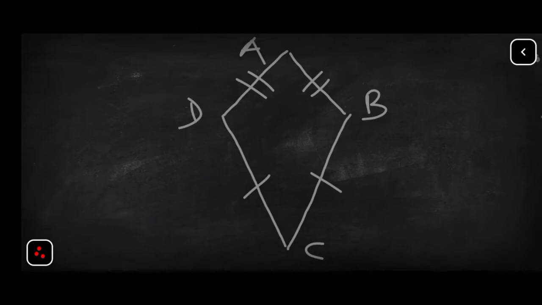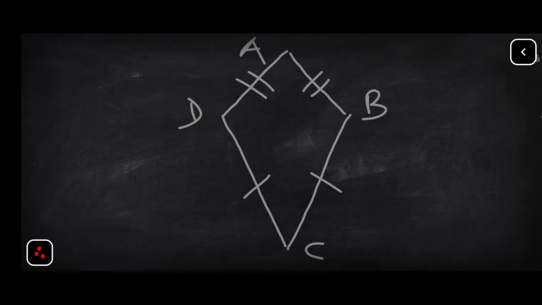The next type of quadrilateral is the kite. A quadrilateral with two pairs of equal length sides which are adjacent to each other. See the figure. Sides DC and CB, adjacent to each other, are of equal length, and also sides DA and AB adjacent to each other are of equal length.